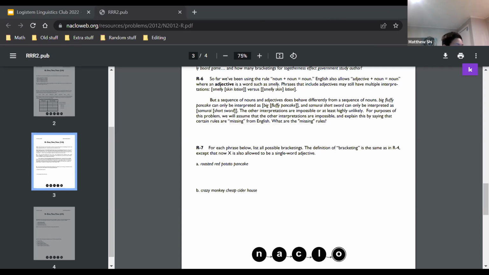There's 7 configurations for the crazy monkey cheap cider house. I'm going to post them all in a moment. If you have any questions on them, or what they can mean, feel free to ask and I'll explain it.